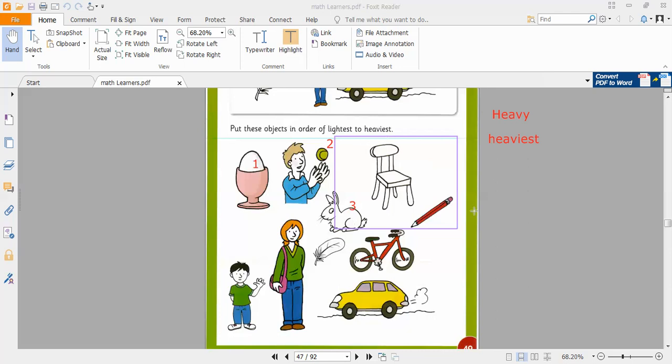Now we are making another group. We are also including the rabbit in it. So who is going to tell me what is the lightest in this group? Pencil, chair, or rabbit?